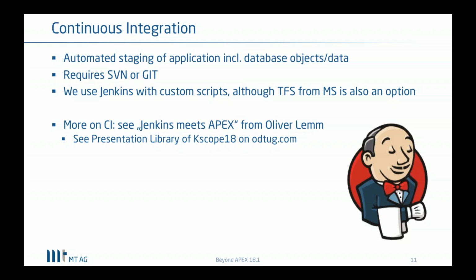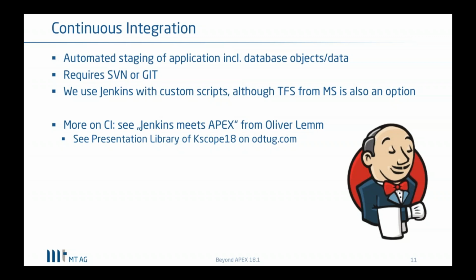It is an important theme, and I suggest, if you have a membership of ODTUG, you go to the presentation library of Kscope 18. There's a presentation on there from Oliver Lemm about Jenkins meets Apex. I won't go into any further detail at this stage, but be aware that it is important.